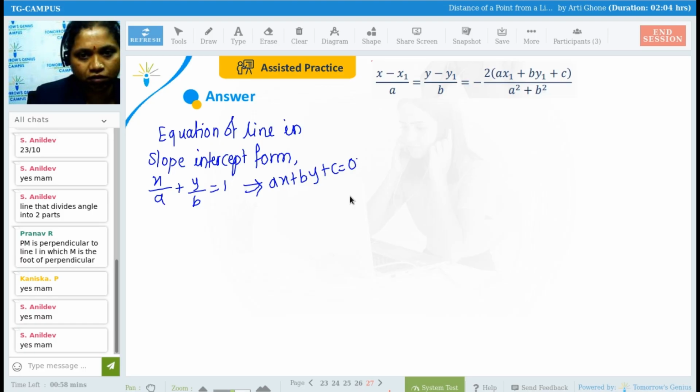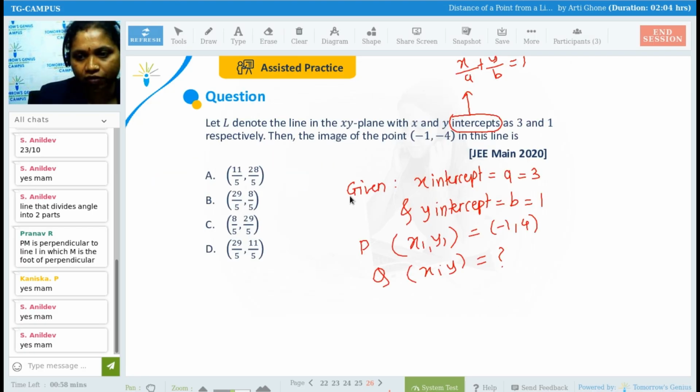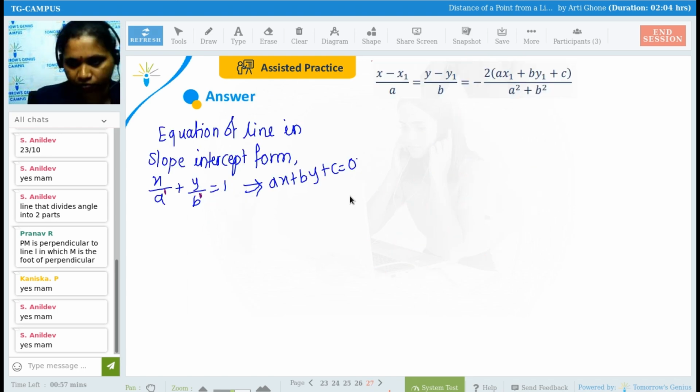Then compare a and b. This a and b and that a and b, so I'll just remember these as a dash and b dash, otherwise you will get confused. We actually have the formula in a and b notation only, so let's take a dash and b dash. Tell me the equation of line first.